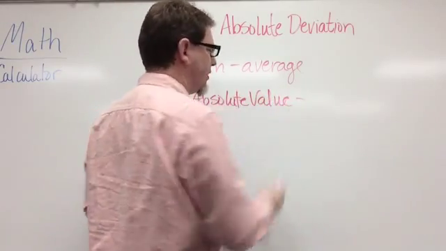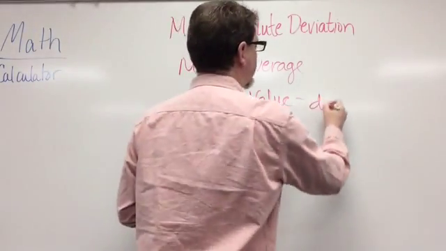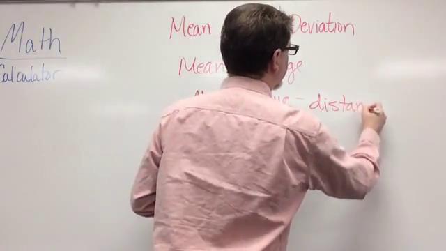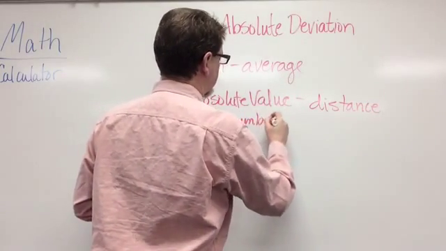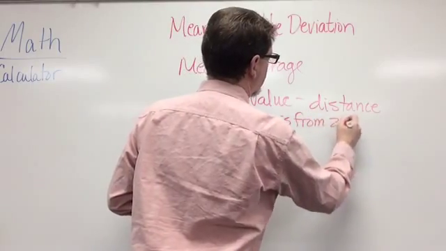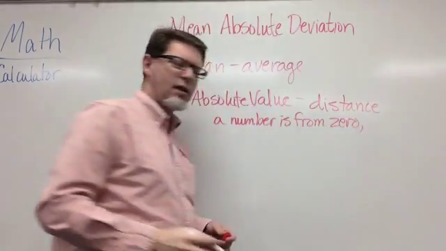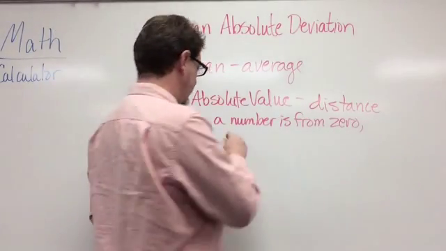The absolute value of a number is the distance the number is from zero. It is always positive.